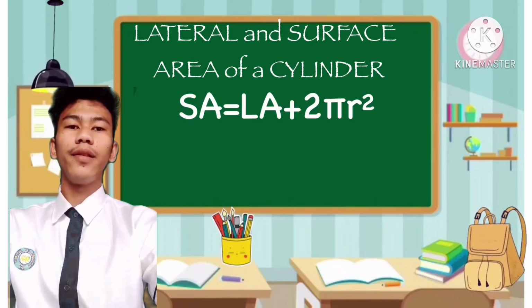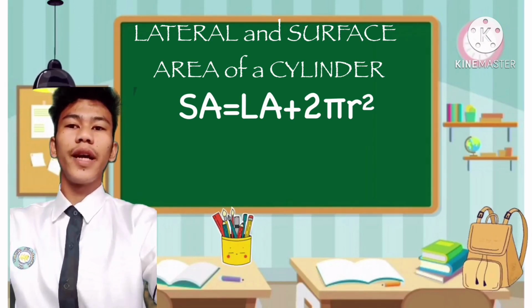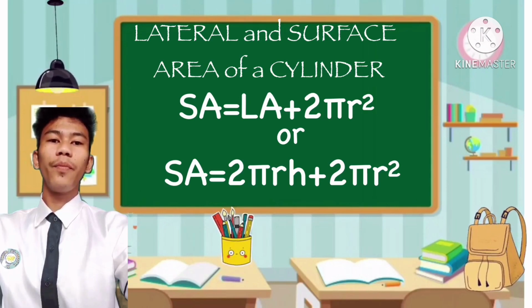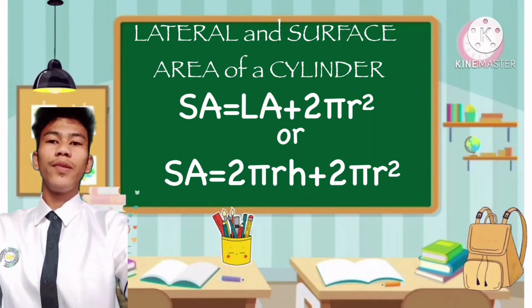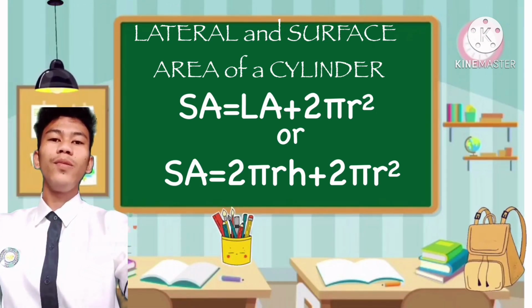On the other hand, the solution in finding the surface area of the cylinder is surface area equals lateral area plus 2 pi radius squared, or surface area equals 2 pi radius multiplied by height plus 2 pi radius raised to 2. So now we know how to find the lateral area and surface area of a cylinder.